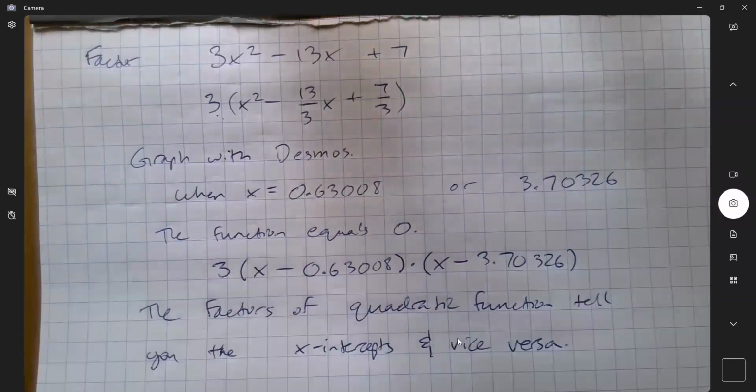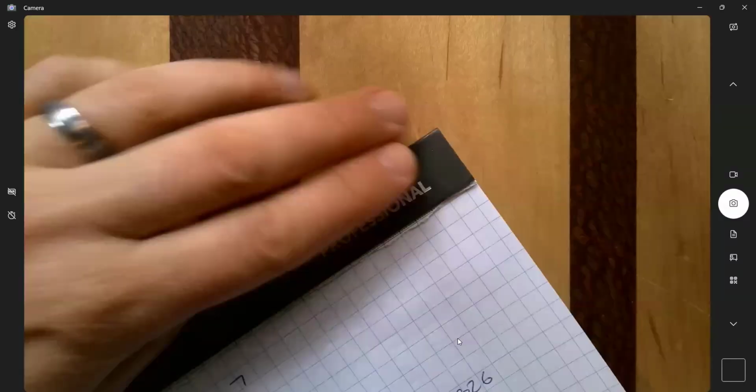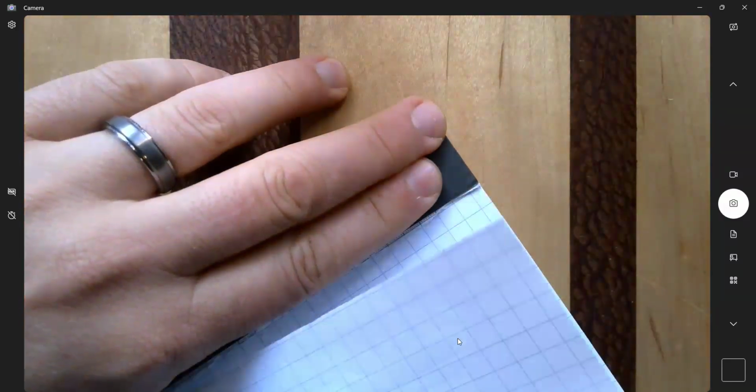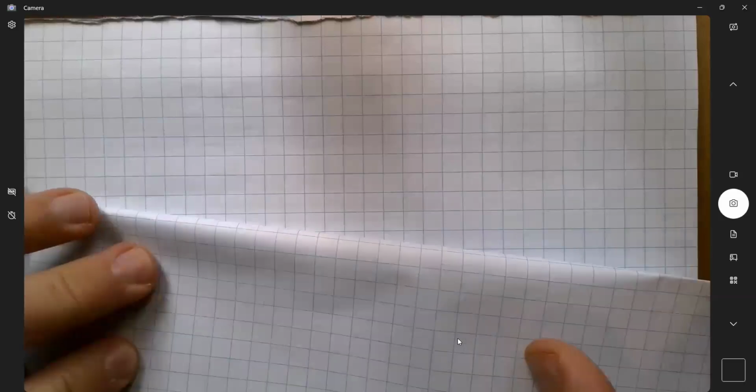That's how I recommend that you factor complicated quadratic expressions. For the simple ones, you should try doing it by hand. But when they get complicated, use the tools that you have. In particular, use the graphing ability along with your knowledge that the x-intercepts tell you the factors and vice versa.